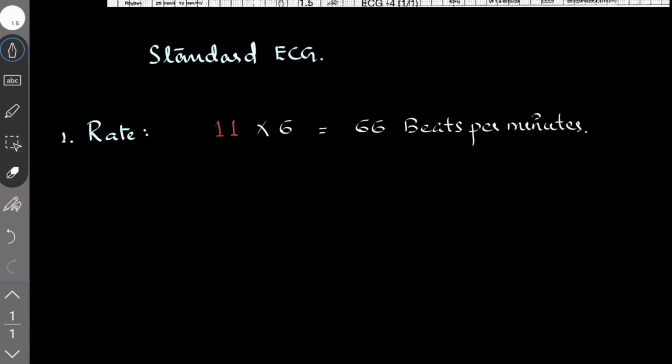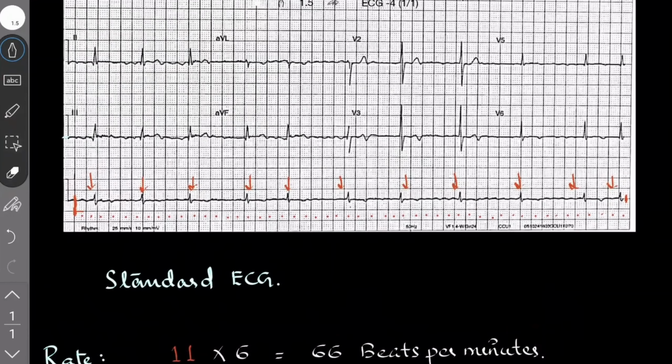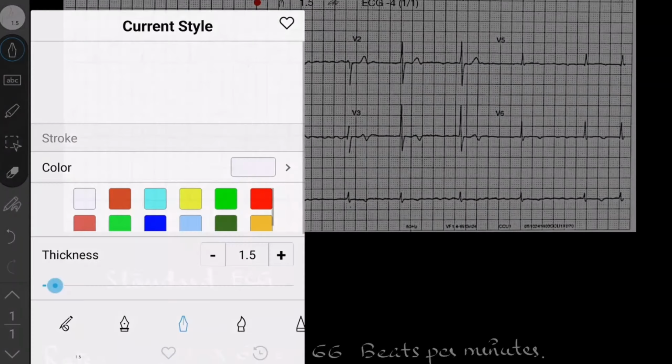Right, next is the rhythm. Looking at the rhythm of the ECG in lead 2, the long rhythm strip, we can find that the rhythm is not at all regular.